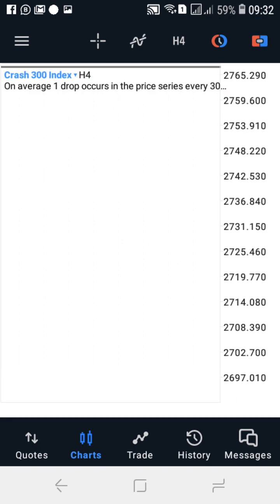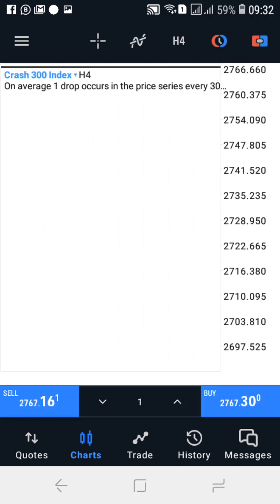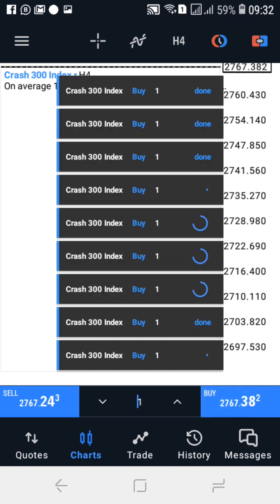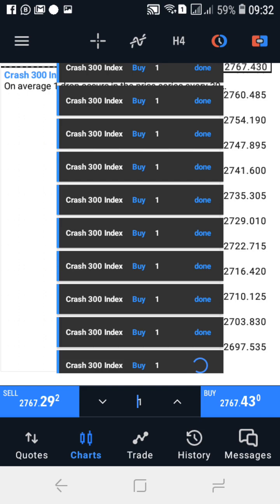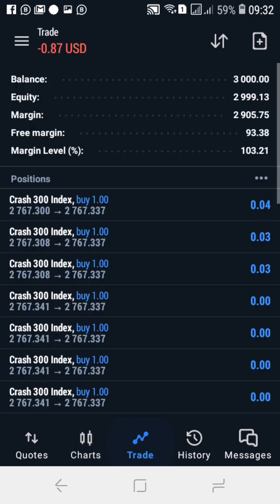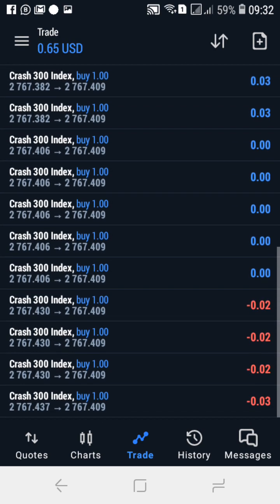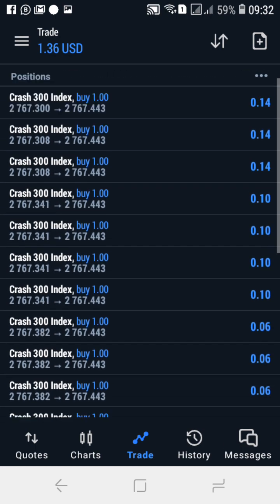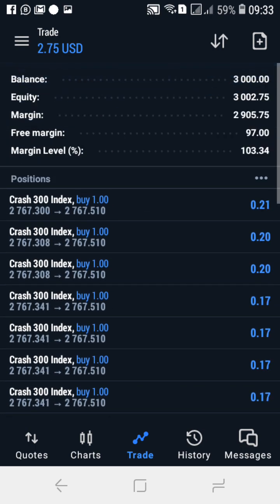For you guys it is at the top, but I moved mine to the bottom, so I can buy right on the chart without having to go to what do you call it. Already my guy, already in profit. As you can see, just look at the movement.